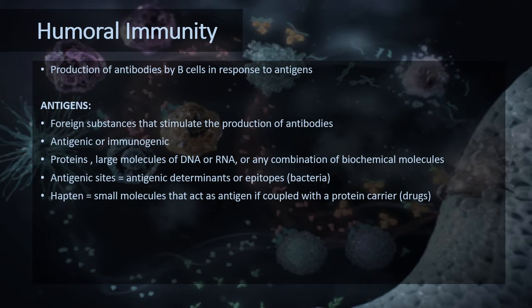Antigens are foreign substances in the form of microorganisms such as bacteria, viruses or parasites, or in the form of allergens such as pollen or dander, and this stimulates the production of antibodies. Since these substances stimulate the immune system, they are termed as antigenic or immunogenic.